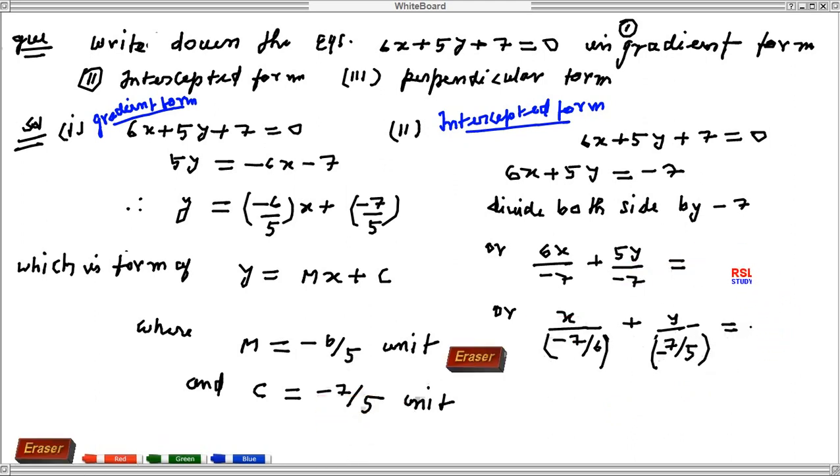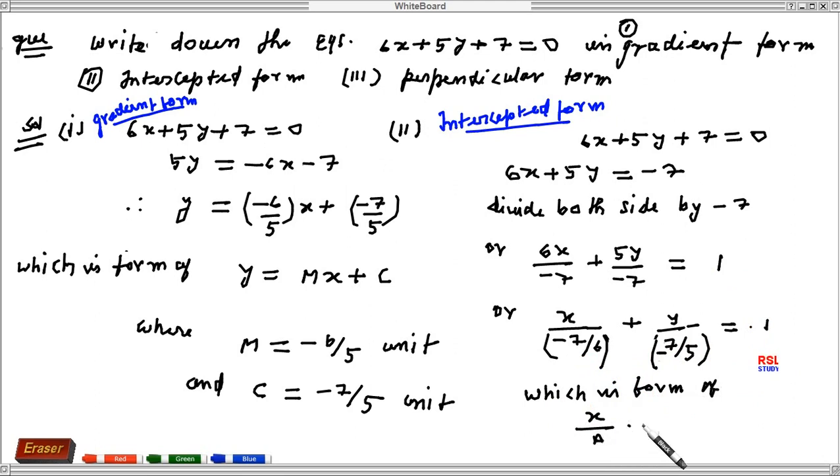That is the improvement, very good improvement. It should be 1 because we are dividing by minus 7 on both sides, so how can it be minus 1? So this is 1, this is 1. Now this is in the form of x by a plus y by b equal to 1, which is the general form. So now this equation is converted into the intercept form.